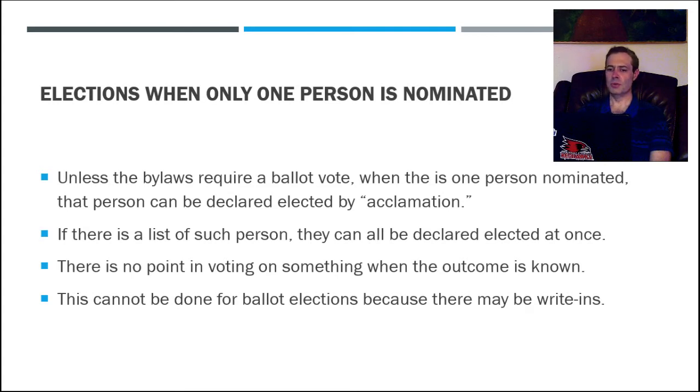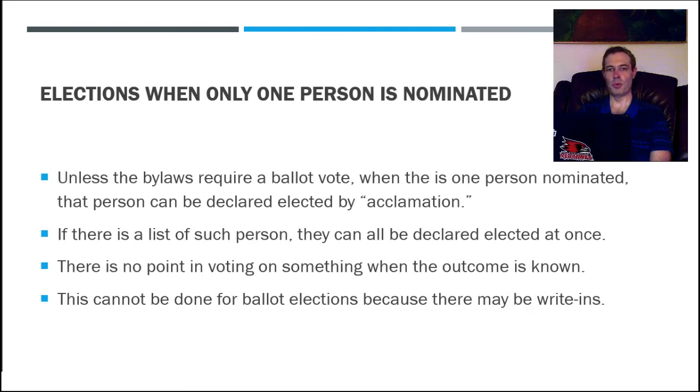First of all, elections when only one person is nominated. This is quite common, actually, especially in churches. You'll have a position that you nominate someone for. Sometimes it's going to be the person that was in that position before, but you have an election every year, so it may be the same person every year, but they get nominated every year, and there's no one else that wants to take the position.